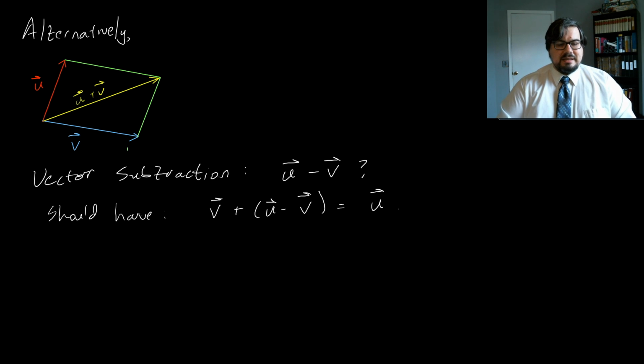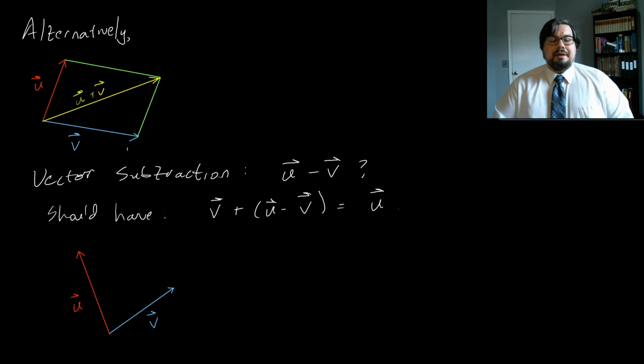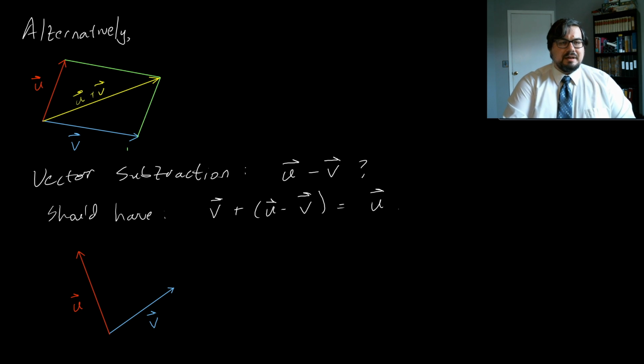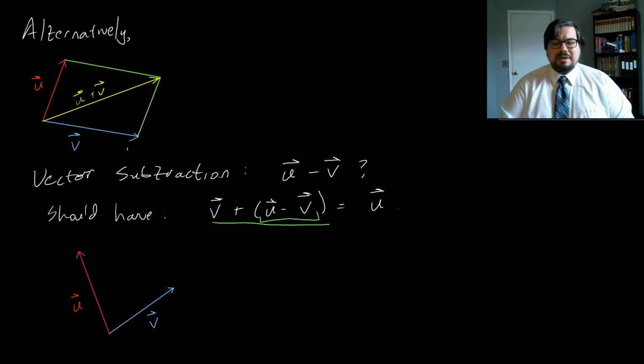So the way that we see how that works here is the following. Let's go ahead and consider a couple of vectors u and v. The vector u minus v should have this property right here, that if we take the vector v and we add the vector u minus v, whatever that is, then we should get u.